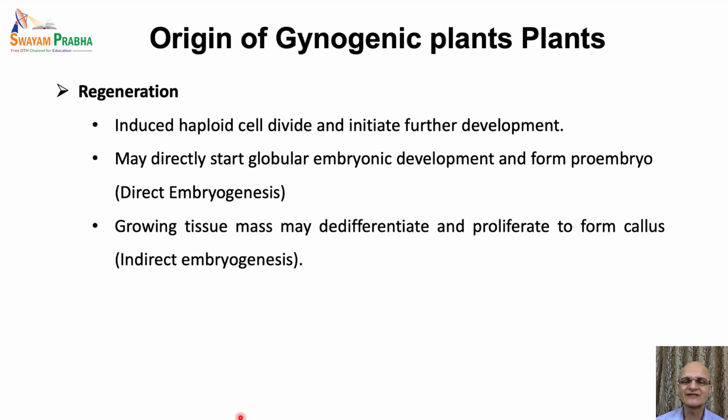This dedifferentiation to form the callus may start at very early stages of development, or in many cases the early divisions are very similar to direct embryogenesis, but at a later stage it dedifferentiates to form the callus. However, direct embryogenesis is desirable as indirect embryogenesis may introduce unwanted mutations in the regenerated haploids.